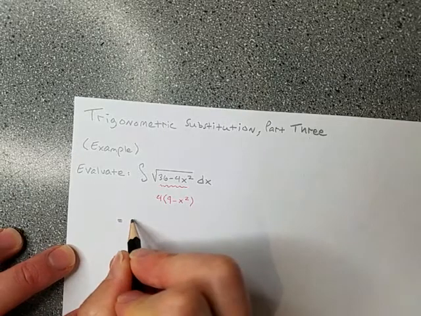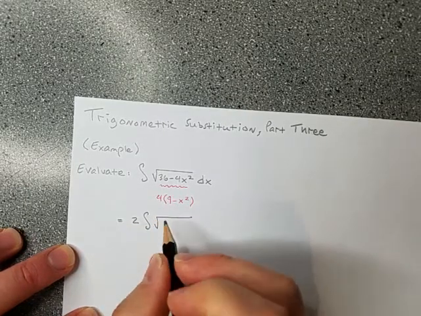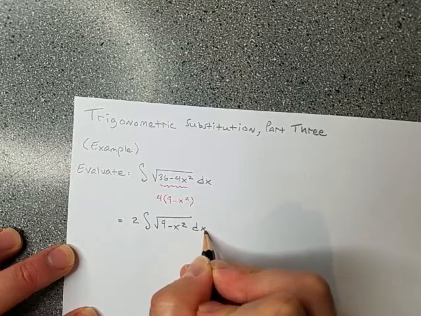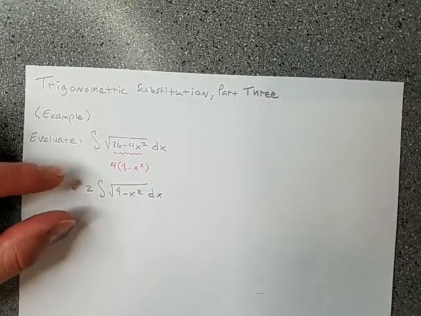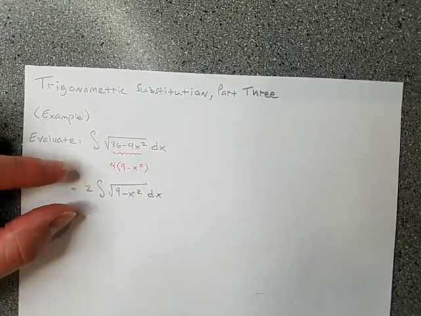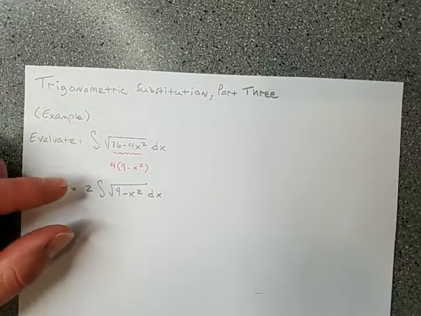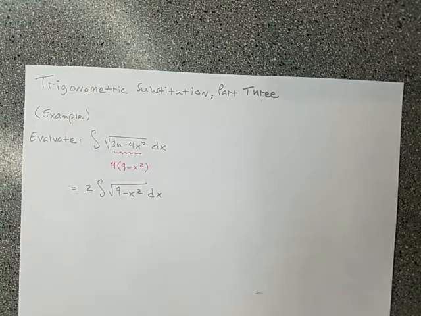So we'll have a 2, and we'll be left with root 9 minus x squared dx. So that's more like it, right? We'll really work in this problem. It's equivalent to that one, same thing, but this is in an acceptable form for the guidelines. And it's all about using the guidelines.